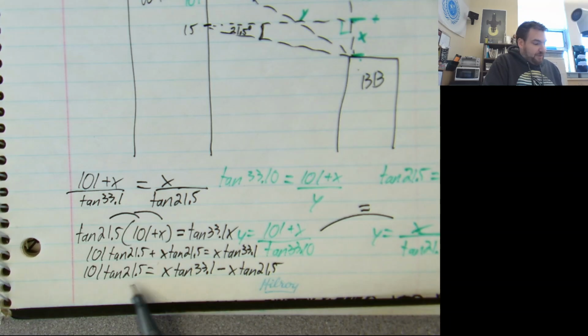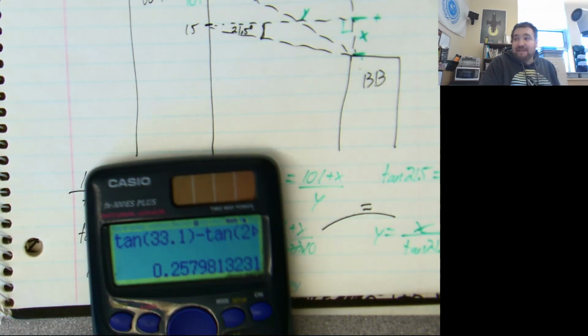So at this point, I'm going to start punching things into my calculator. Tan of 33.1 minus the tan of 21.5. It's gross, but that's the value.